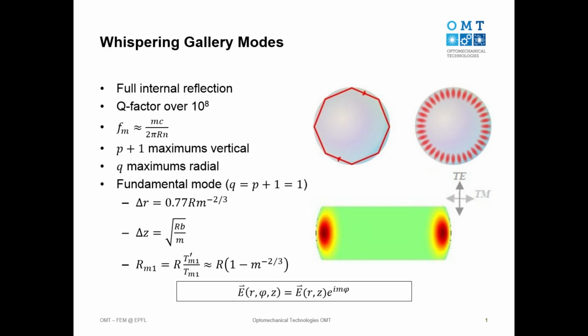The main idea is that if you have some transparent material, you have there some total internal reflection angle, and you can make light circulate inside this cylindrical cavity around the circumference, and it will not go away in the classical approach because of the total internal reflection.